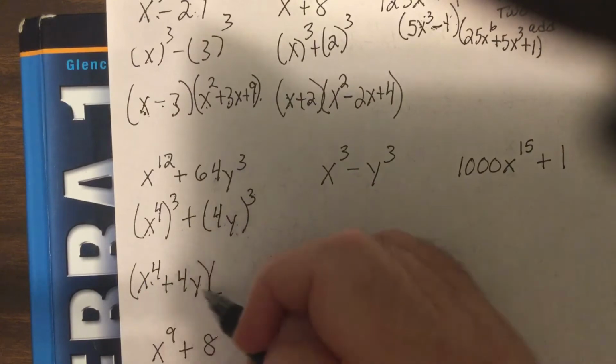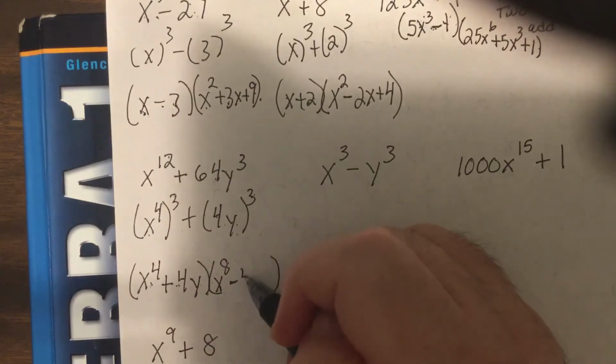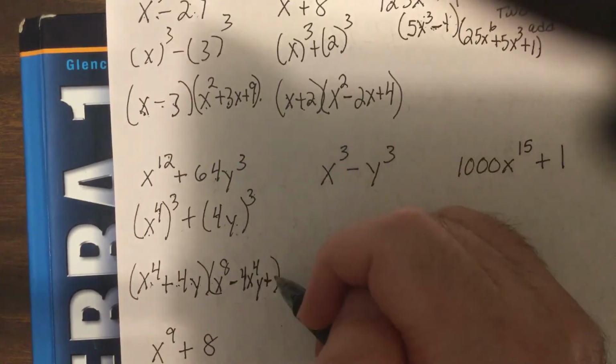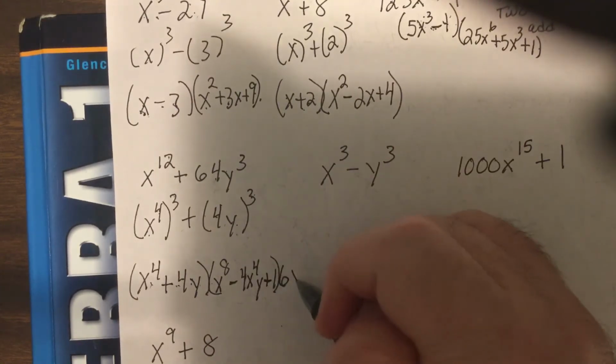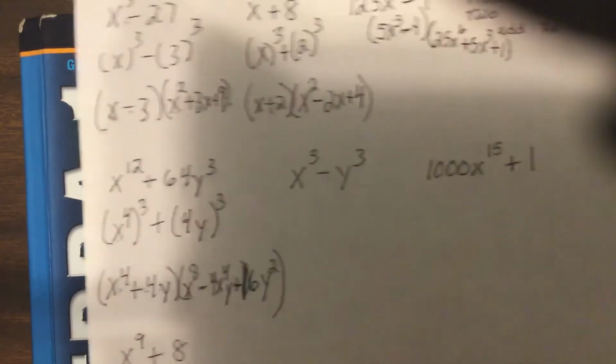Then square the first term. Opposite sign. Product of the 2. 4x to the 4th y. Add, always add the square. So that'd be 16y squared. Kind of ran out of space there, didn't I?